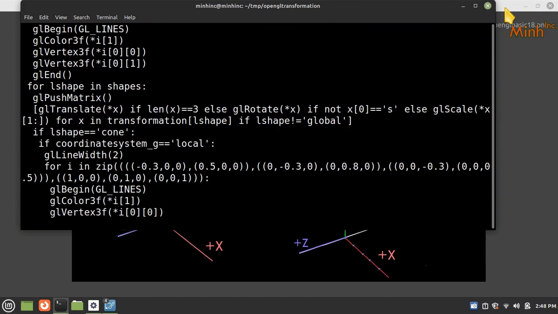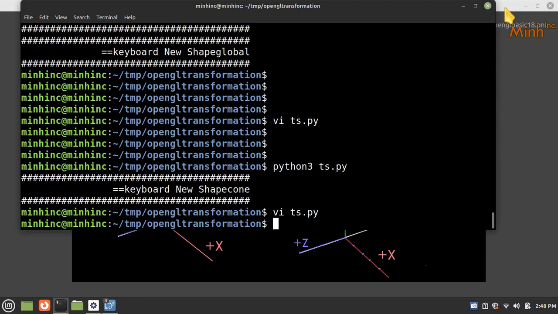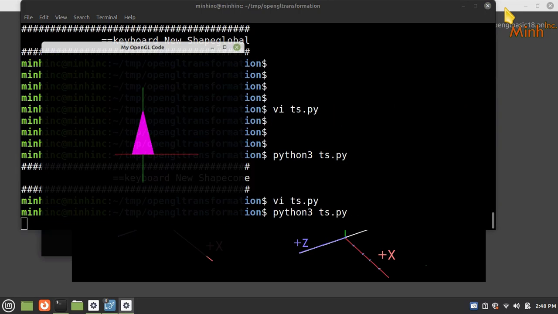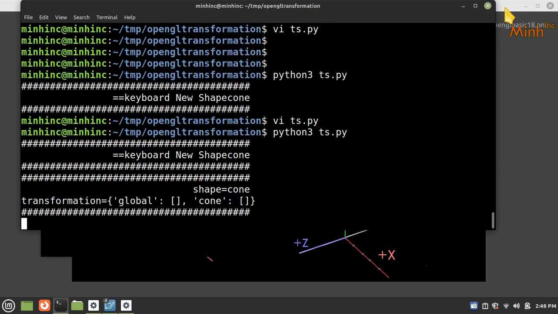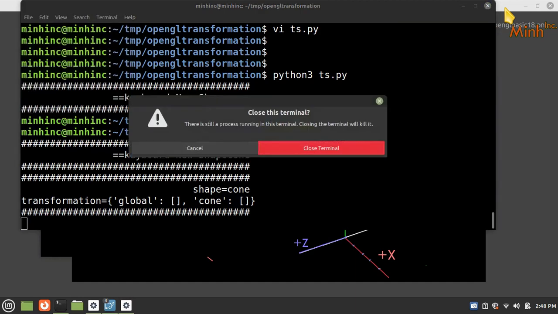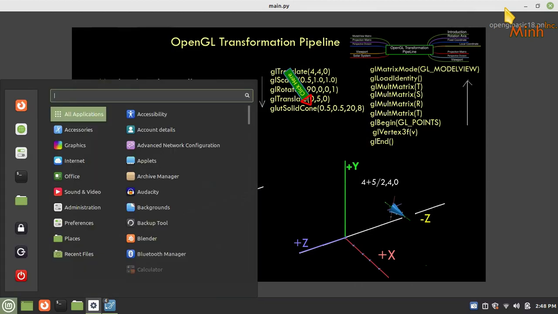If shape equal to cone, coordinate system equal to local, is it local? Tab V. Okay, so we can print this X.